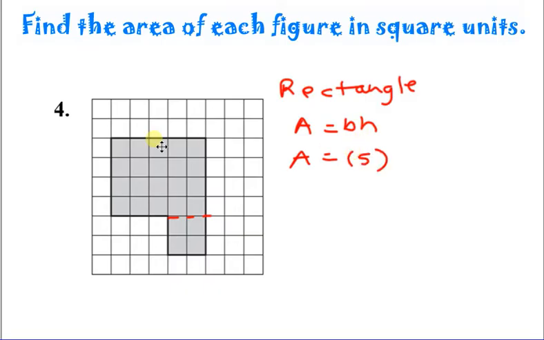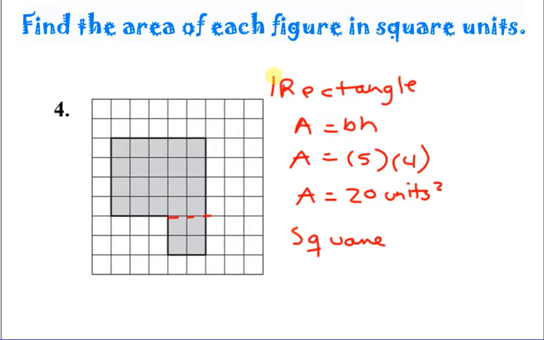What is the height of this rectangle? 1, 2, 3, 4. So the area of the rectangle is area equals 20 units squared. Okay? But then I have this square right here. Okay, so this was the rectangle.